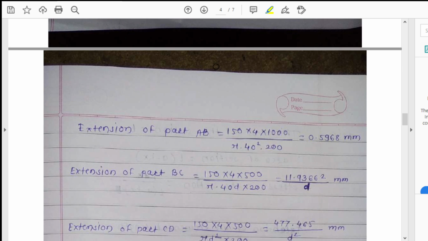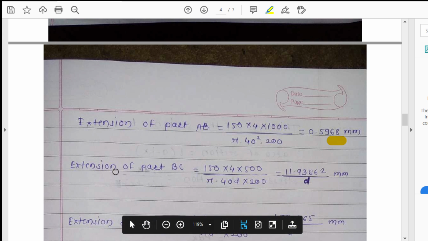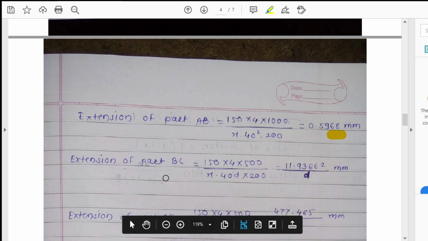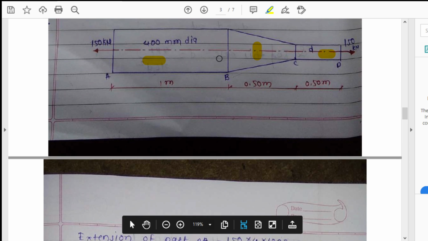So 4PL upon pi E d square, we get 0.596 mm.